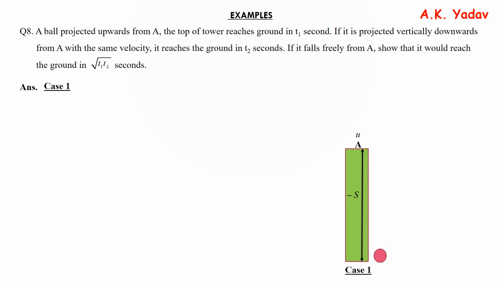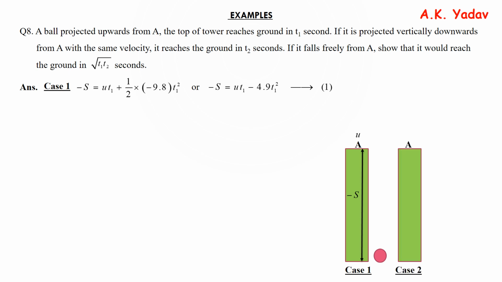So we will use the second equation of motion. What we get, minus s is equal to ut1 plus half into minus 9.8 because it was projected upwards into t1 square. Or we can say minus s is equal to ut1 minus 4.9 t1 square.